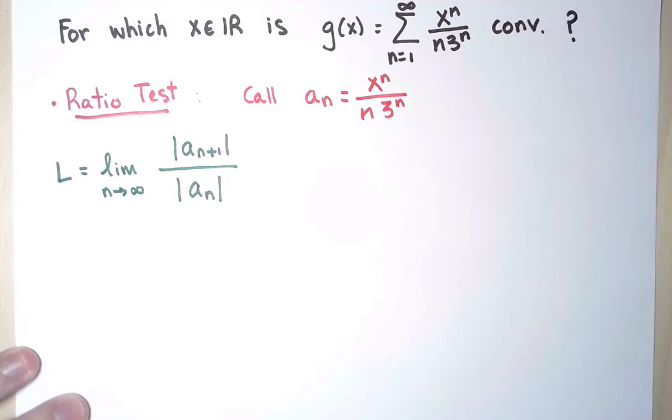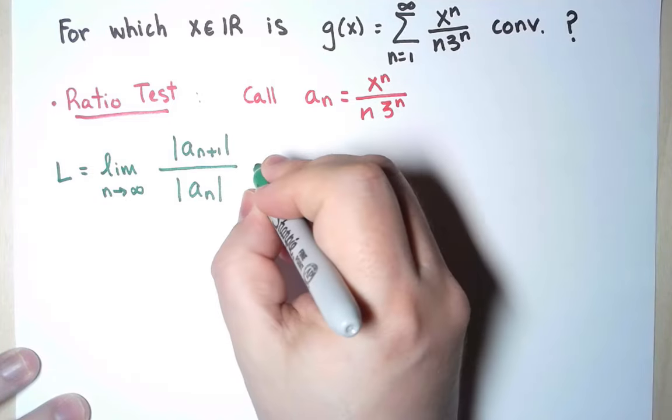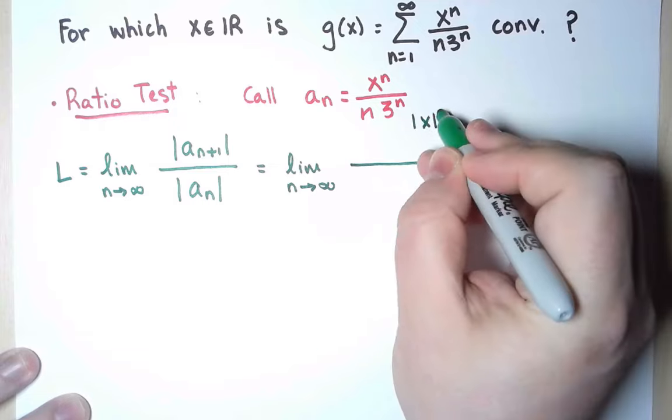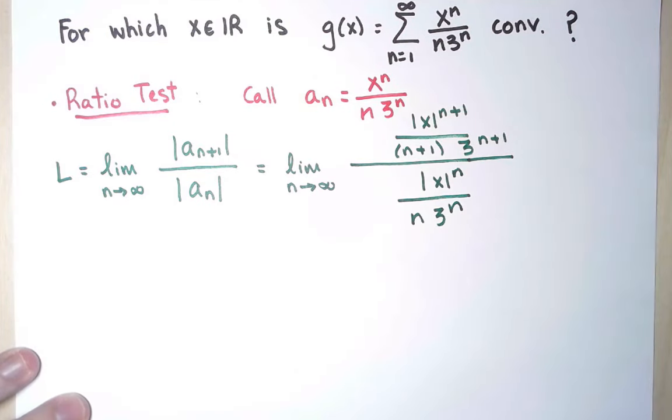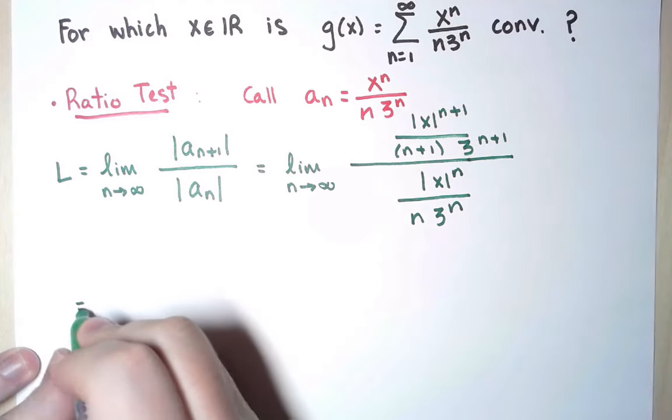And if this limit happens to be smaller than 1 or greater than 1, then we can conclude that the series is absolutely convergent or divergent. So let's write it down. As it is often the case with the ratio test, it is convenient to group similar terms with similar terms because they will simplify.